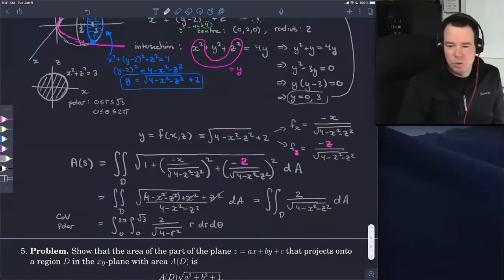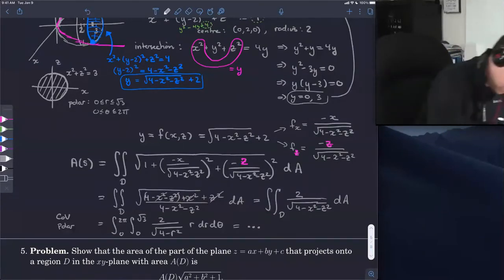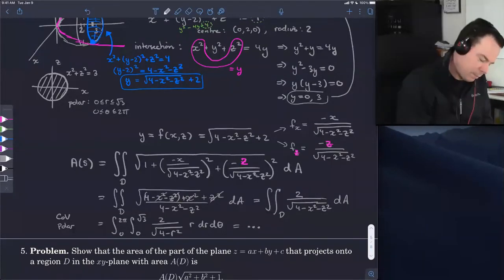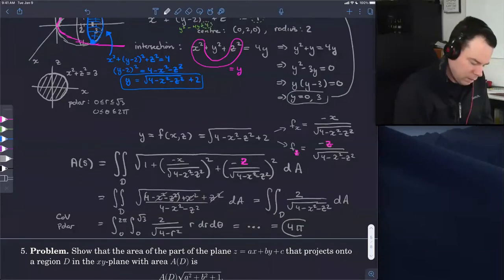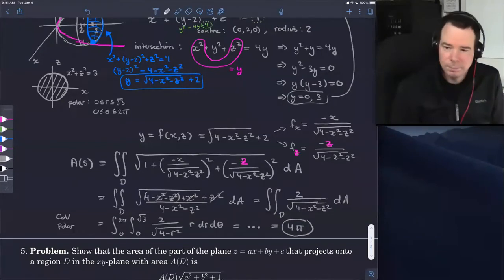And again, with this change of coordinates, now we have an r sitting outside of this square root, so perfect for a substitution, for what's under the square root of 4 minus r squared. At this point, it's just details of the integration, and I'll write down the final result. It ends up being 4 pi in this case.